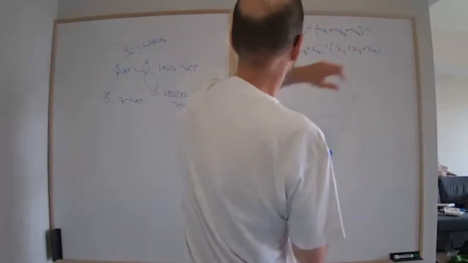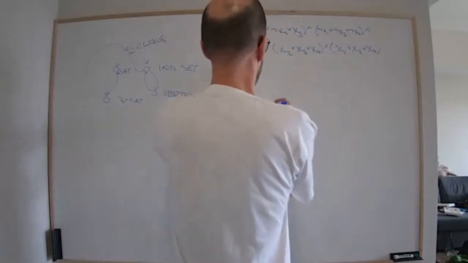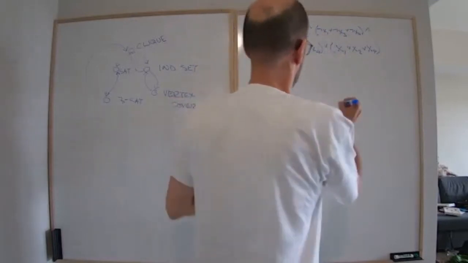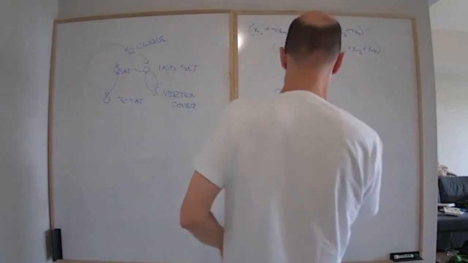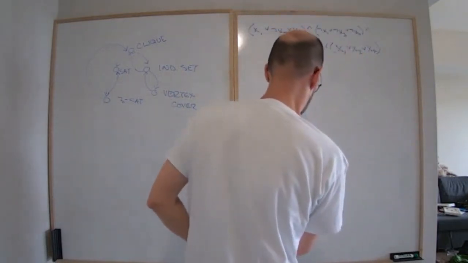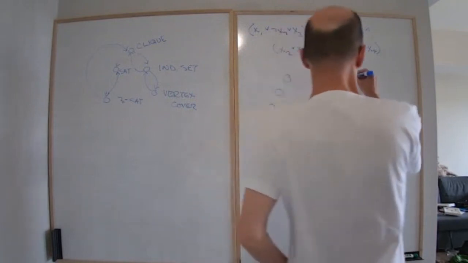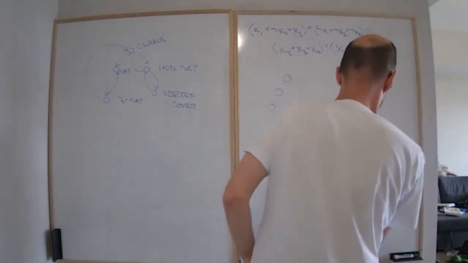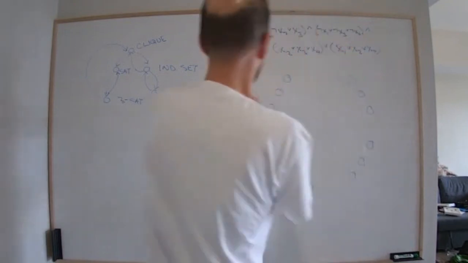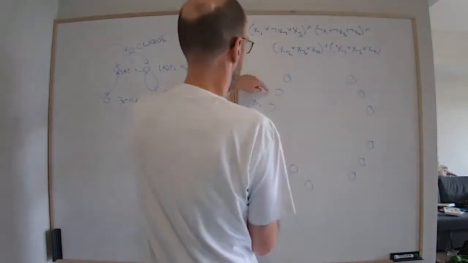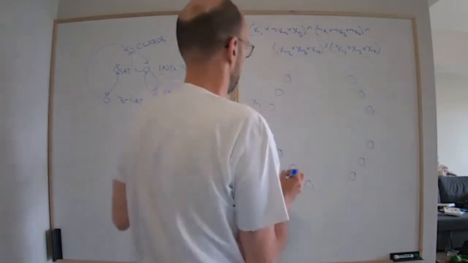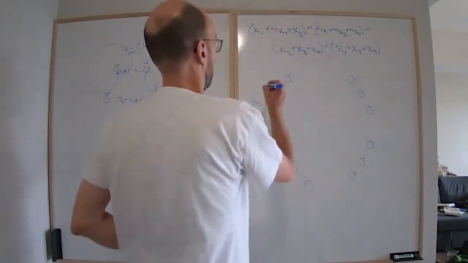Well, I'm going to take it and write little vertices. So this is going to be x1, and I'm going to have copies, but the labels don't matter.